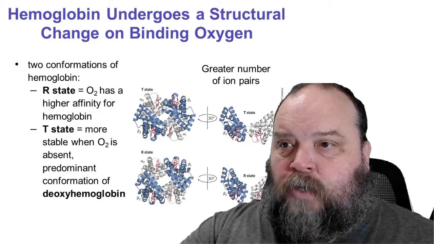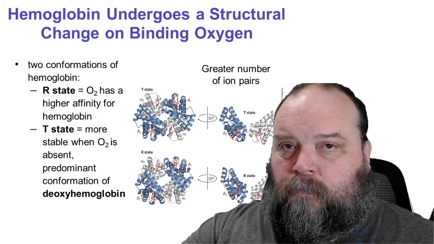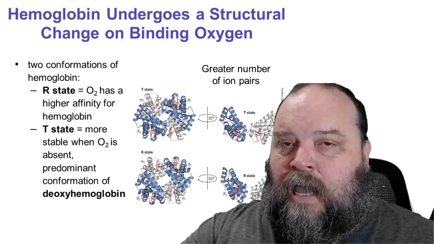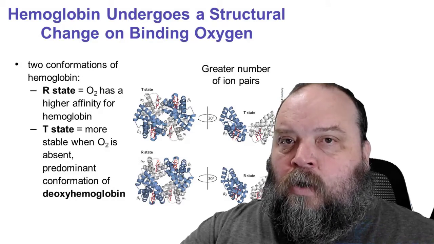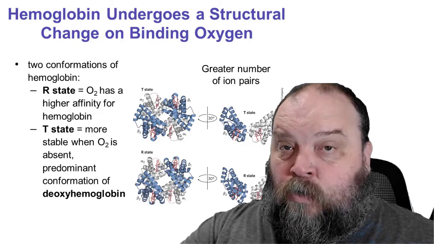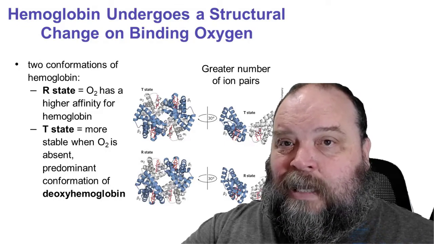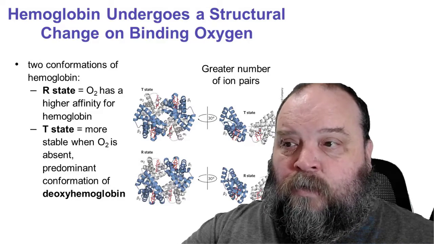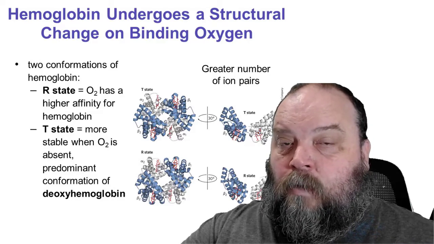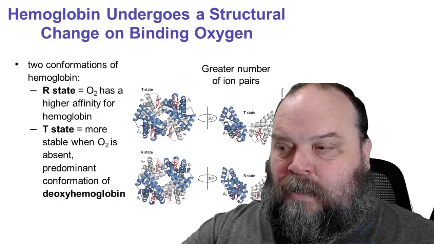That quaternary structure is not set in stone, though. Again, conformational changes lead to that induced fit once the substrate or the ligand, however you want to refer to it, interacts.